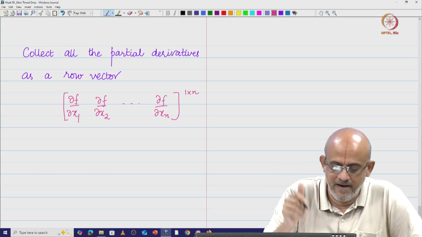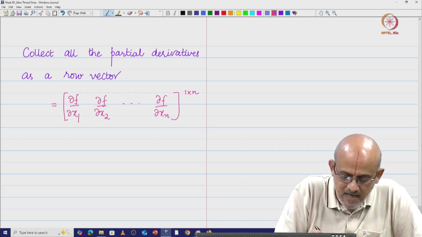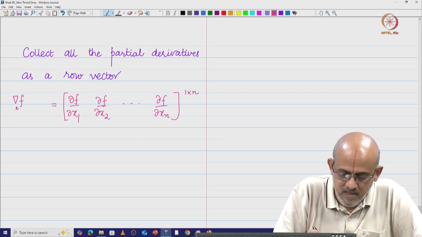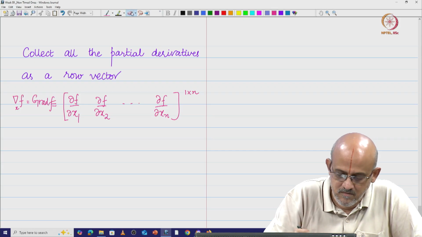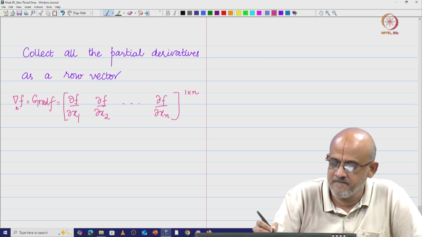So, this collection is what we are going to call the gradient of the function f with respect to this x vector. This is called gradient f or grad f.